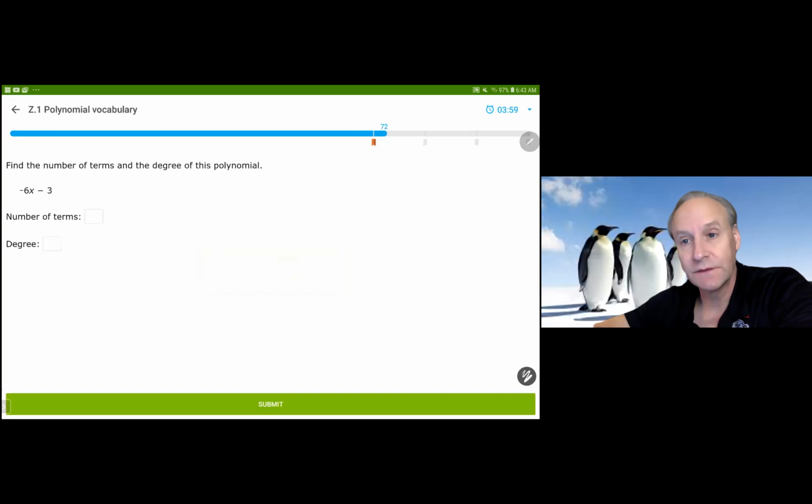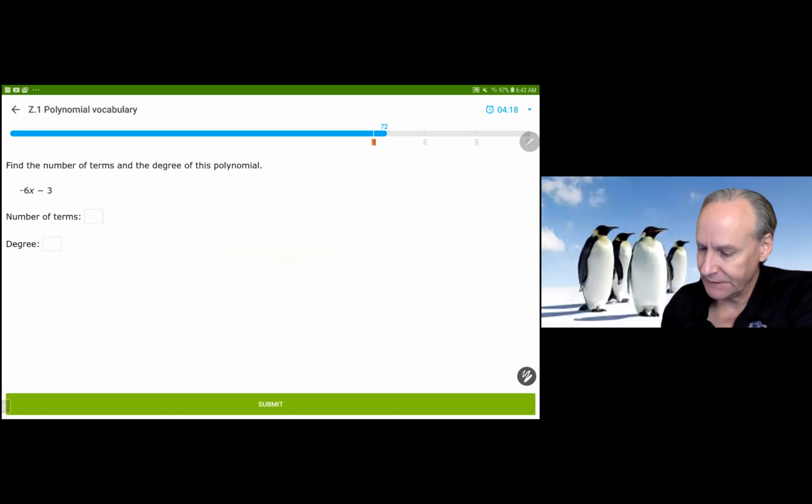One of the reasons for talking about the degree of a polynomial is that it tells you the number of possible solutions. For this equation, if this were an equation, this is actually what we call an expression. Polynomials are generally always expressions, and this is negative 6x to the first minus 3.